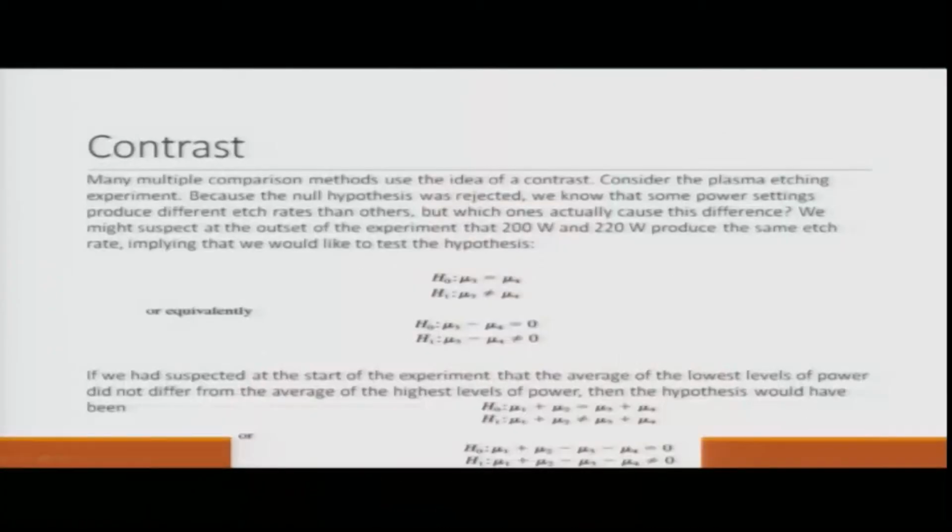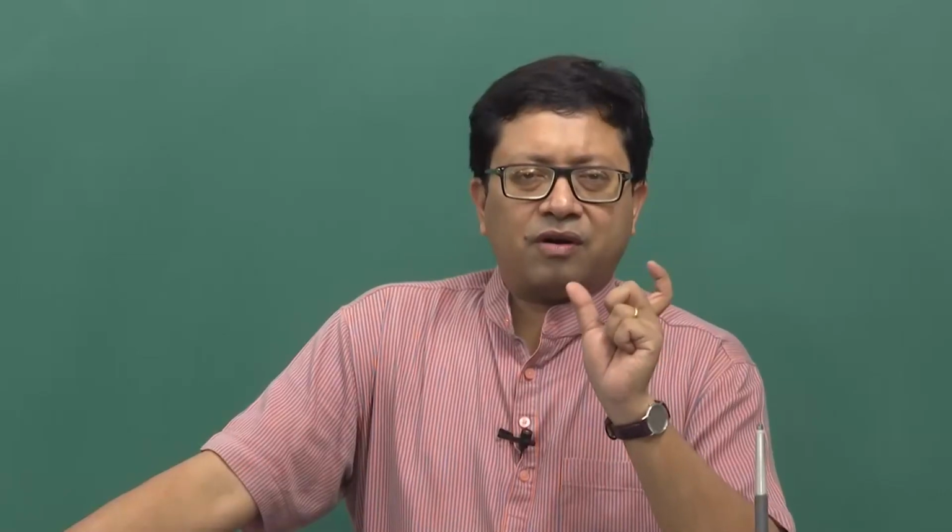If we had suspected at the start of the experiment that the average of the lowest values of the power did not differ from the average of the highest power, then the null hypothesis could be framed as the average of mu 1 and mu 2, the first and the second, equal to the average of the third and the fourth, and the alternative hypothesis would be that the average of the first and second is not equal to the average of the third and fourth.